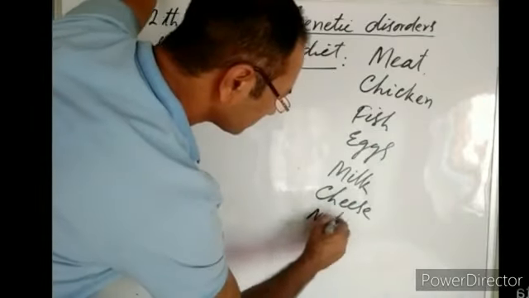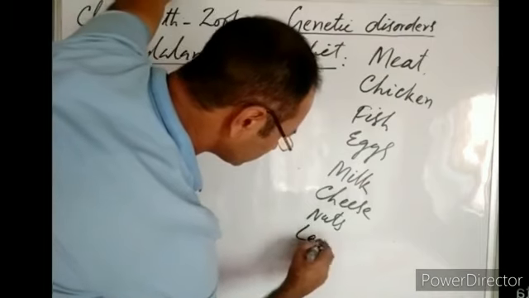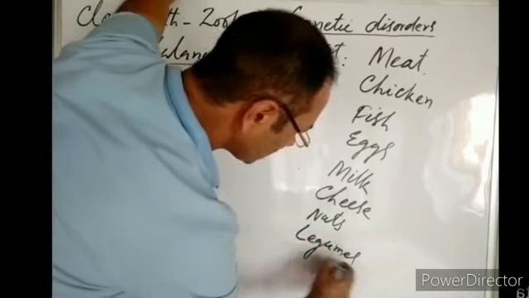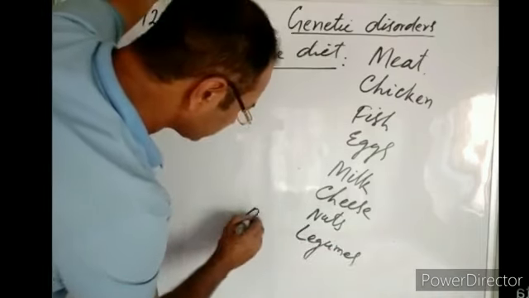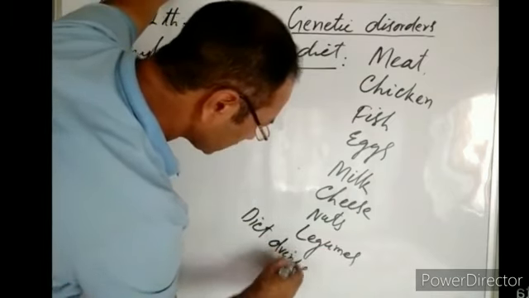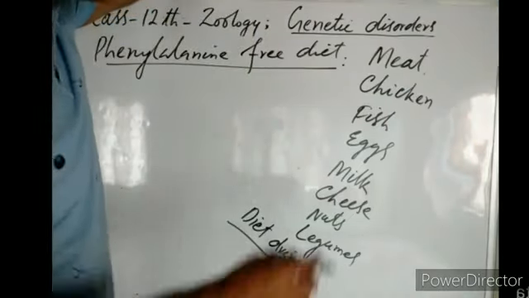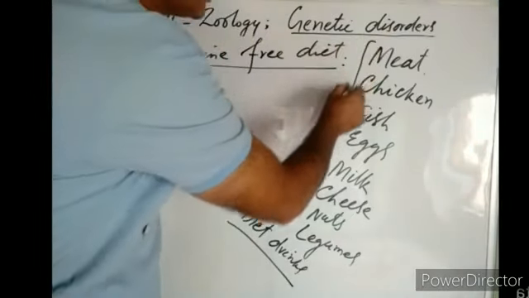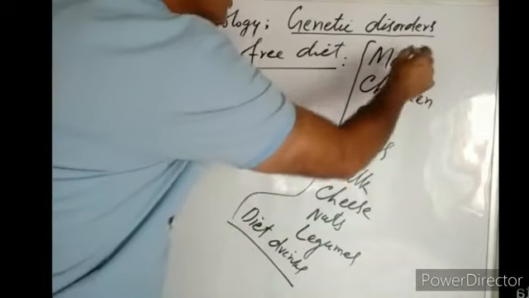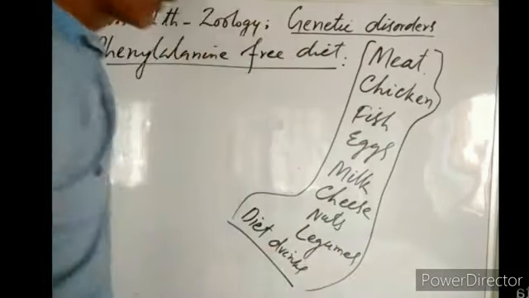Nuts, legumes, and diet drinks. They all contain phenylalanine amino acid.